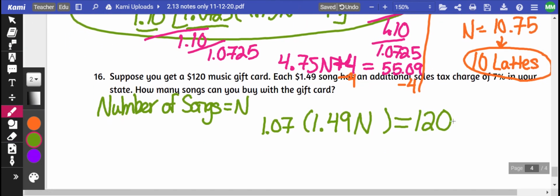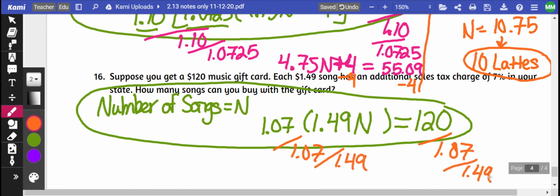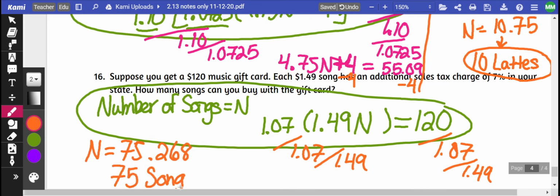This one, we don't have anything multiplying with it, so we are able to just divide from the outside in. Divided by 1.07, divided by 1.49. I get 75.268. So 75 songs.